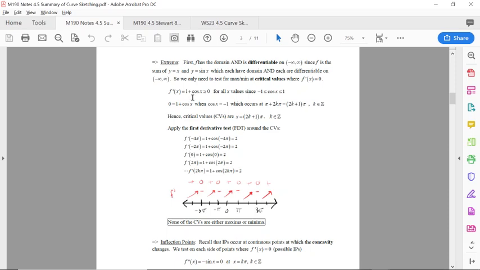But what happens if the second derivative is equal to 0 at the critical values? Which is going to be the case here. Negative sine of x, if we evaluate that at some place like pi or 3 pi or 5 pi, any odd multiple of pi, we're going to get that the second derivative is equal to 0 there. And if the second derivative is equal to 0, it is inconclusive from the second derivative test.